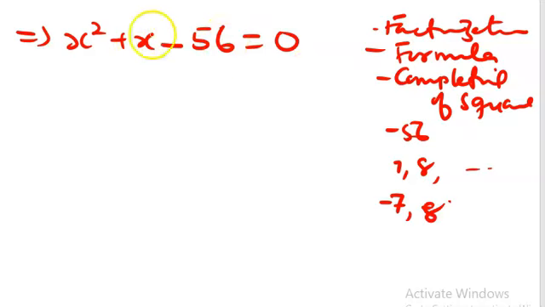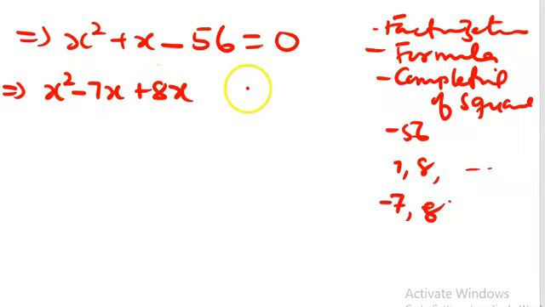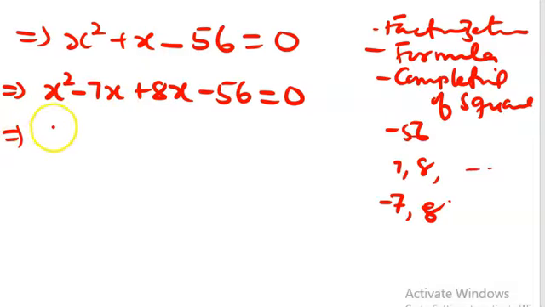So we are going to break the middle term into these factors. This implies that x squared minus 7x plus 8x minus 56 is equal to 0. We have not changed anything, because minus 7x plus 8x will still give you x. So we then group them.